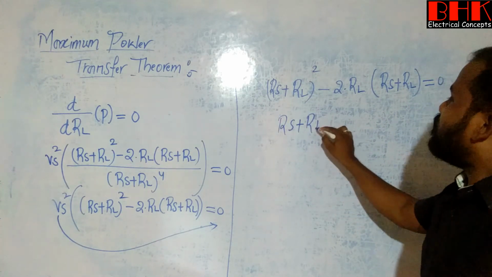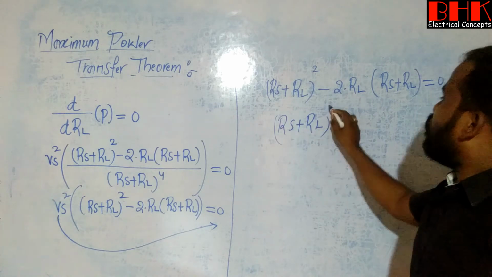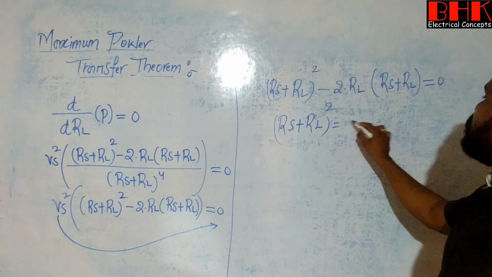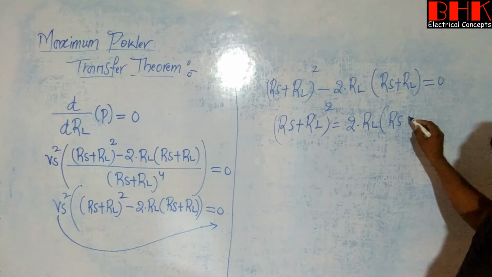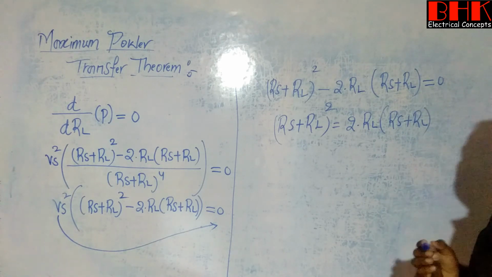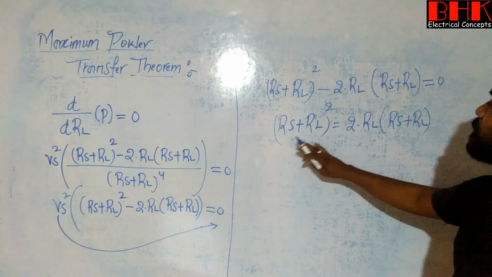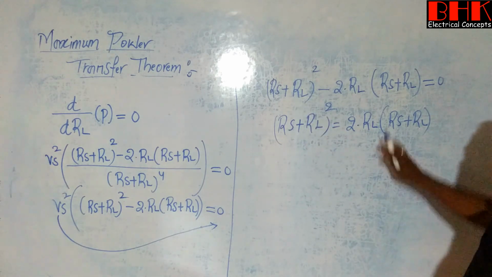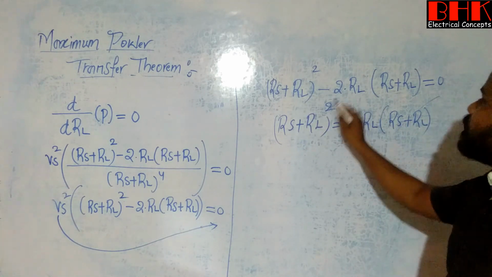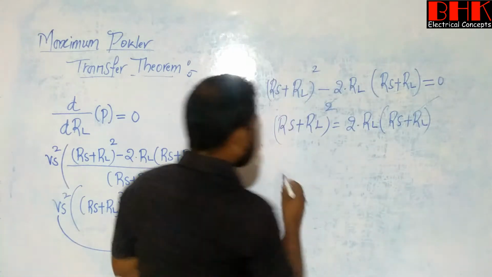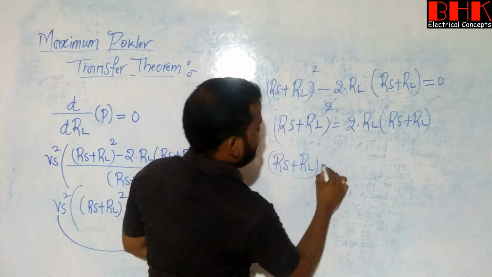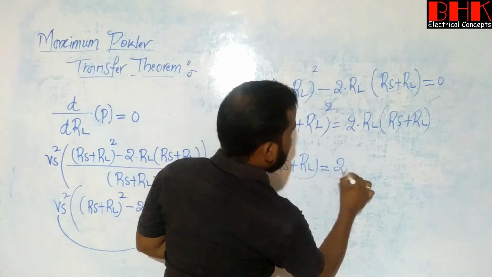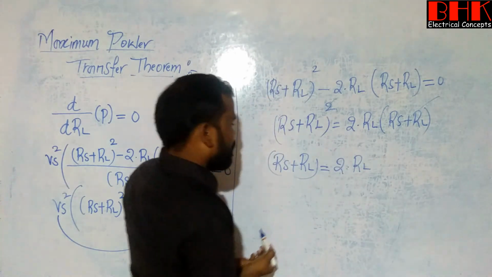Rs plus RL whole square is equal to 2 into RL into Rs plus RL. Clear? Now here Rs plus RL whole square and this one Rs plus RL. So one time it cancels and the remaining term is Rs plus RL is equal to 2 times RL.